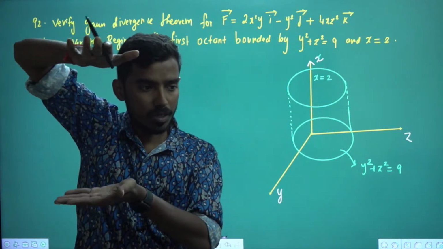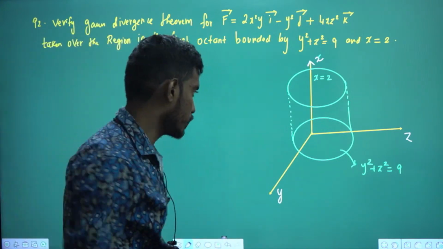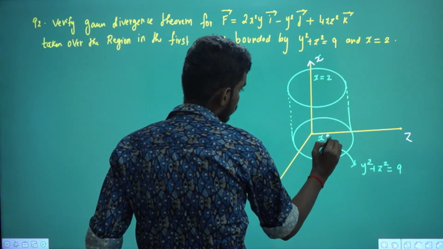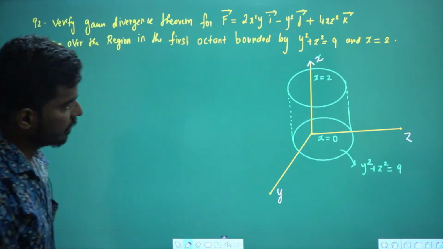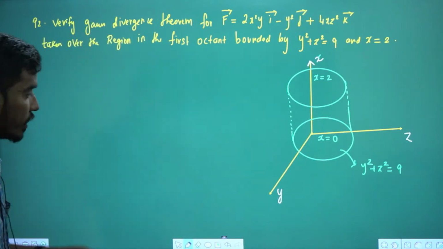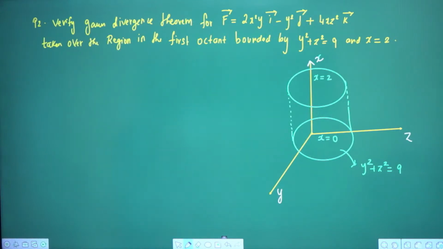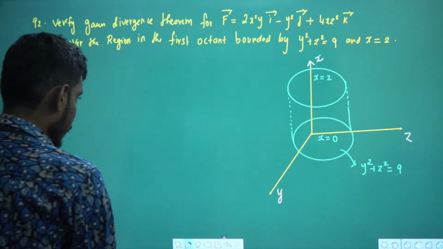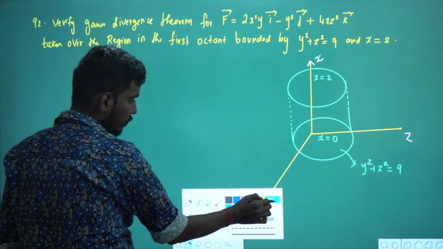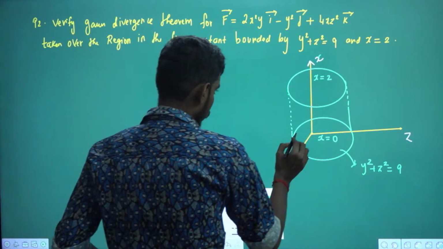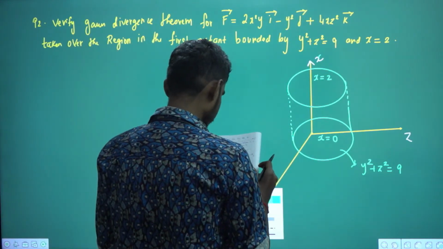That is the upper bound. The lower is x is equal to 0. Yes. Now we need to do this only in the first octant. So we need to verify this theorem only in the first octant.